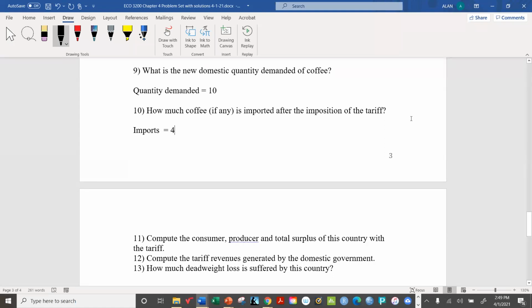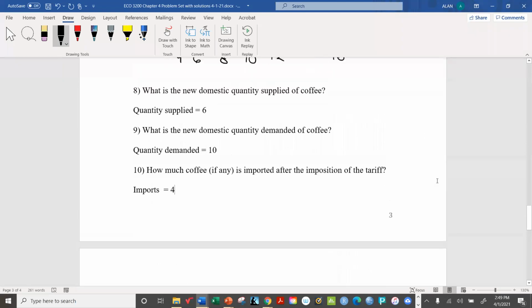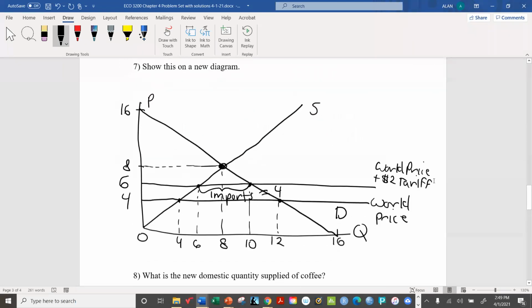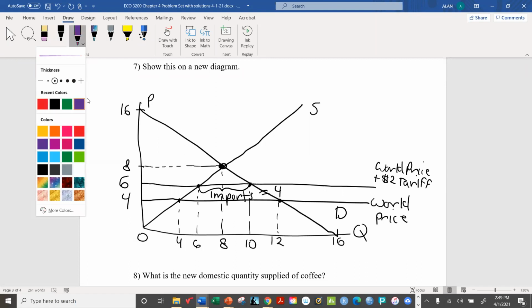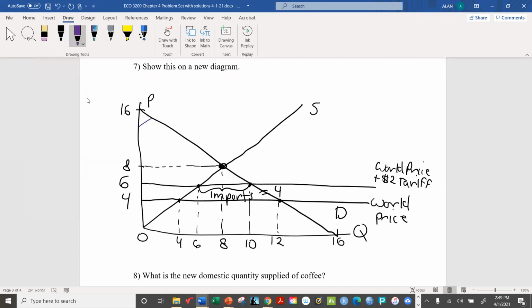And now the fun begins. We have to recalculate the consumer and producer surplus. All right, so let's see how that stacks up compared to what we had before. So consumer surplus starts from the demand curve and goes down now to this new world price plus tariff.